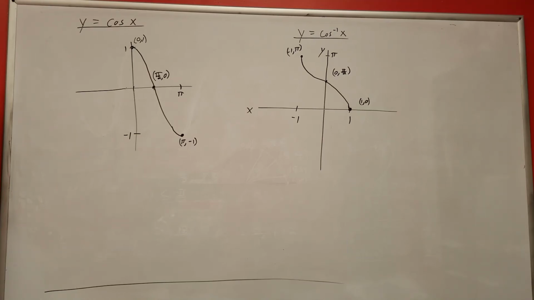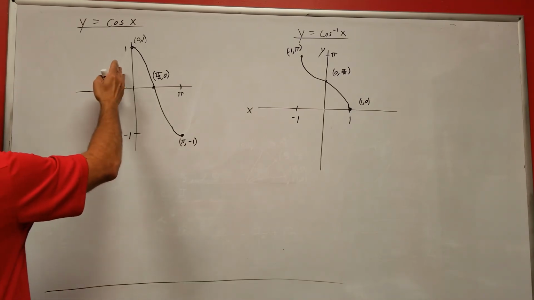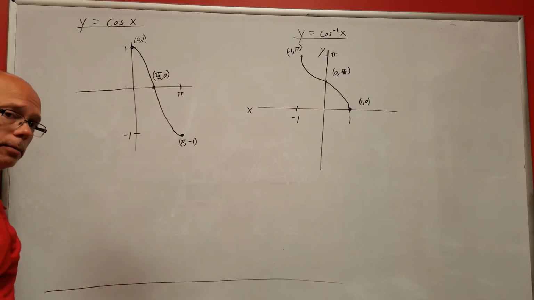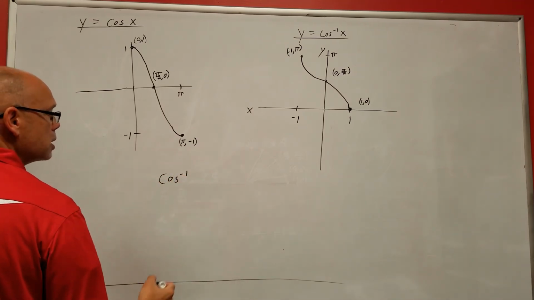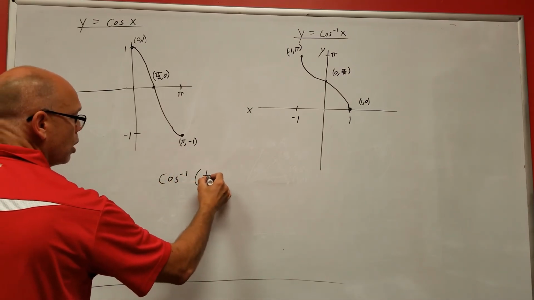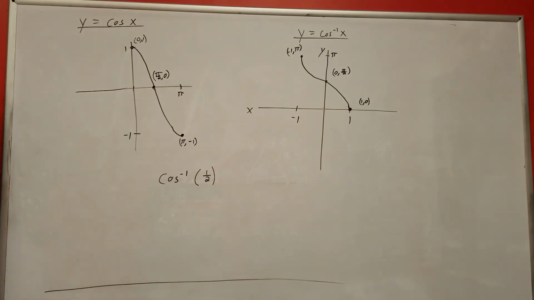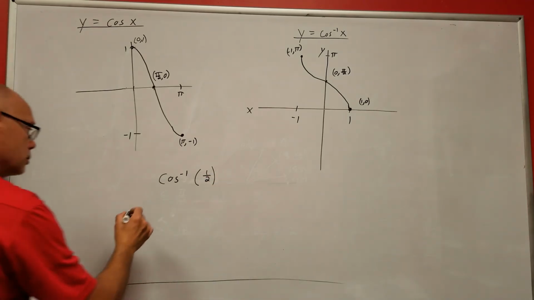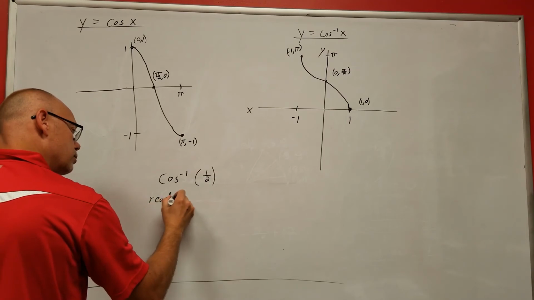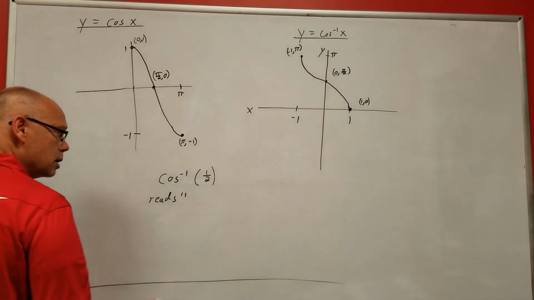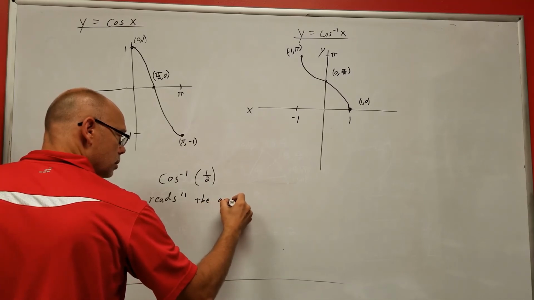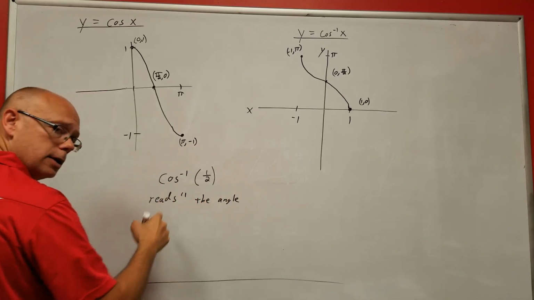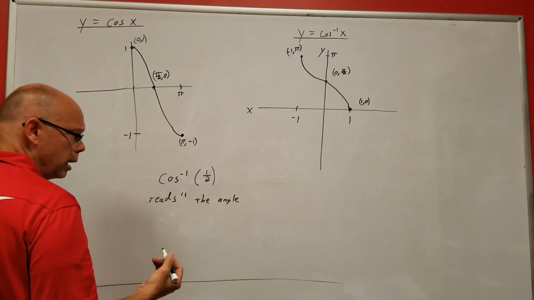All right. What did we restrict the domain on this thing to? 0 to pi, right? So whenever I'm looking at something like this, the inverse cosine of, say, 1/2, how is this read then? One way to read it, I could say, is the angle, what we're looking for here is the angle theta or y or whatever you want to call it.